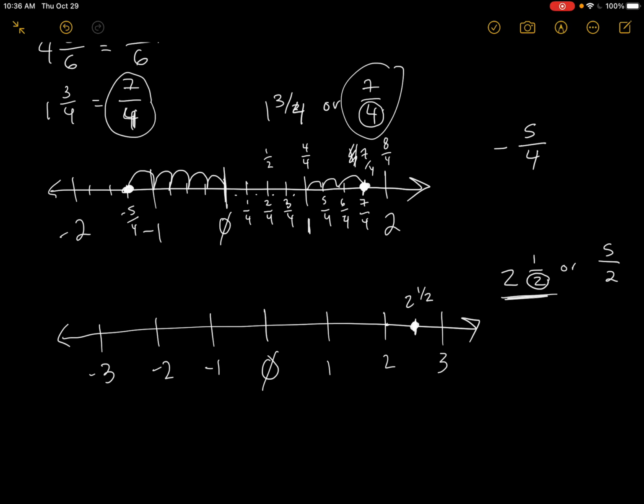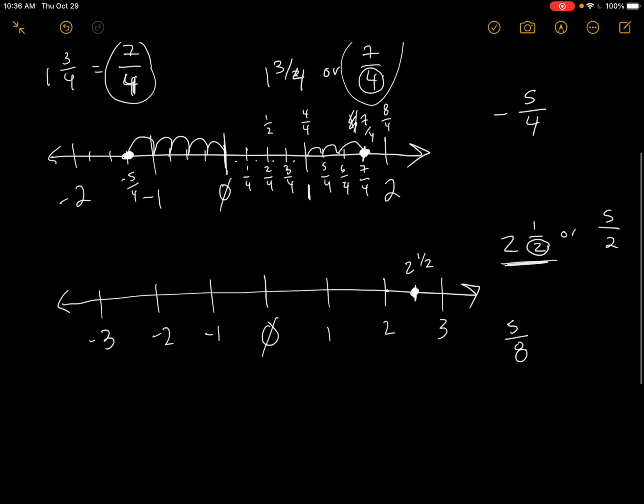And if you wanted to break them all apart, you can, but I don't want to do that. Maybe we want to graph 5/8. Okay, so this time 5/8, it's not quite 1, right? 1 would be 8/8. So we know it's less than 1, but it's not negative, so it's greater than 0. That means we're going to break apart our number into 8 parts.